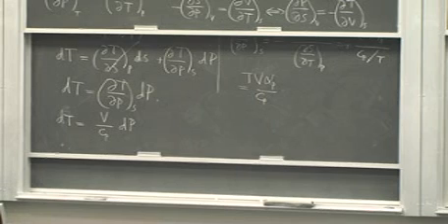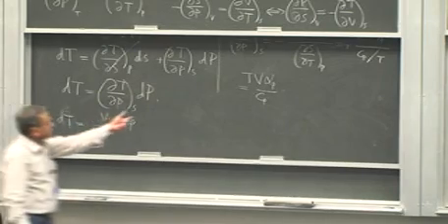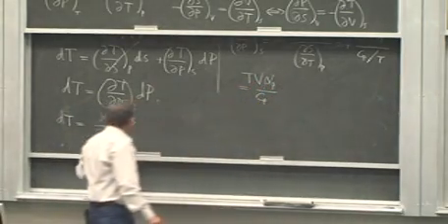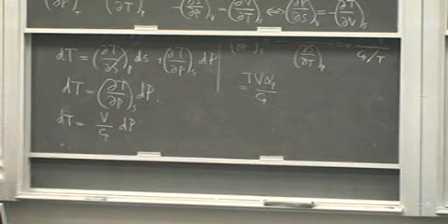Is everybody happy with this? Stuff looks very simple, straightforward. I have used the fact that alpha P is 1 over T, so T and T cancel out, and I now have this. And because it is an ideal gas, there is a P dependence hidden in volume. So we will use that.